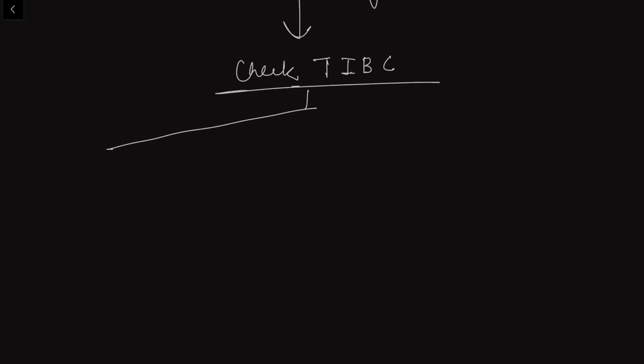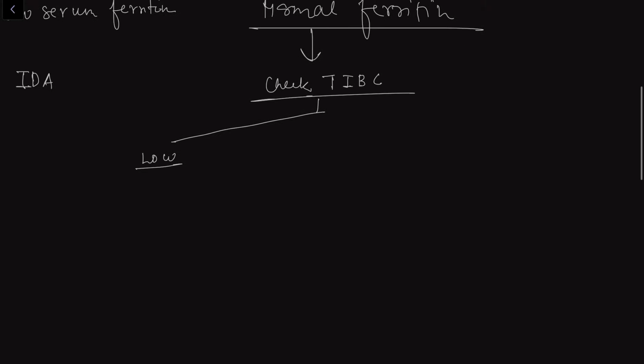If total iron binding capacity is low, with normal ferritin but low total iron binding capacity, then it is anemia of chronic disease.